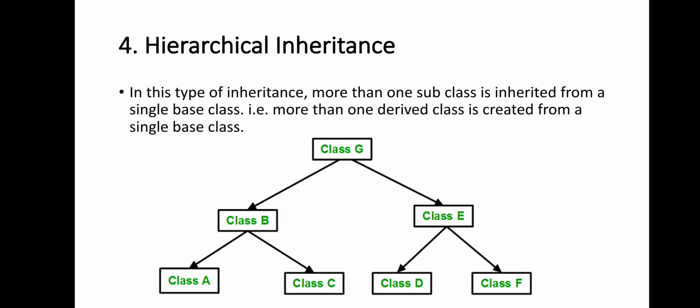So here the class G is a single base class that has created two derived classes, that is class B and class E. And now class B also created two more classes, that is class A and class C. On the other hand, class E also created two classes, that is class D and class F. And this whole phenomenon is known as hierarchical inheritance.